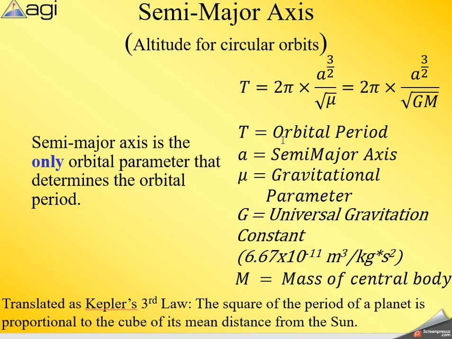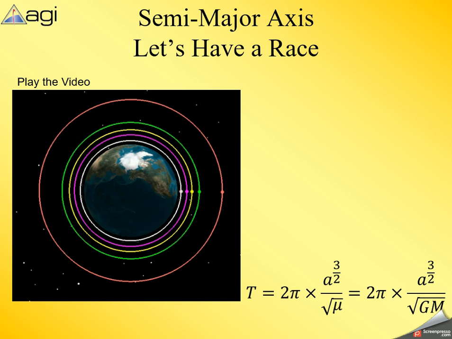The orbital period is equal to 2 pi times the semi-major axis raised to the 3/2 divided by the square root of the gravitational parameter, or you could say 2 pi times the semi-major axis to the 3/2 divided by the square root of the universal gravitation constant times the mass of the body. Both of those equations work for us. Since we know the mass of the Earth and the gravitational constant, we would use this second one for what we're calculating on Earth itself.